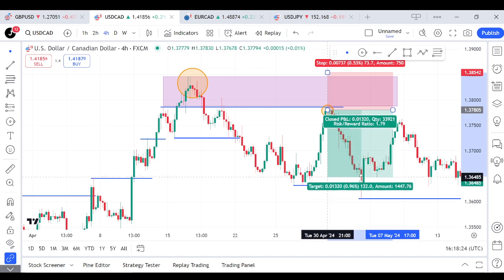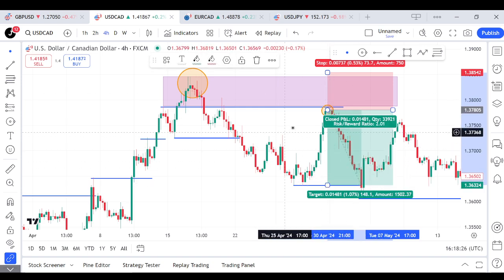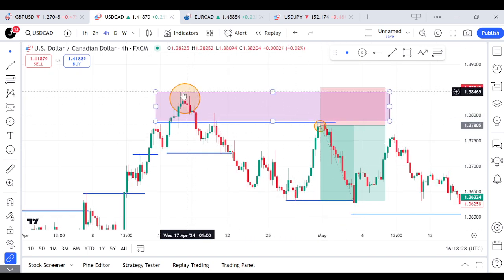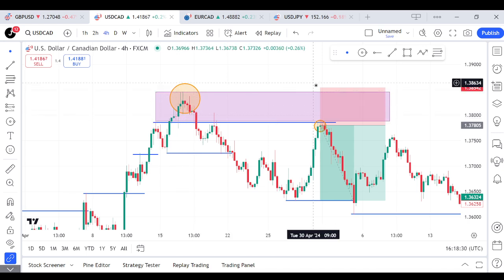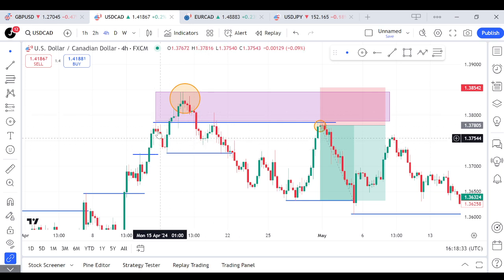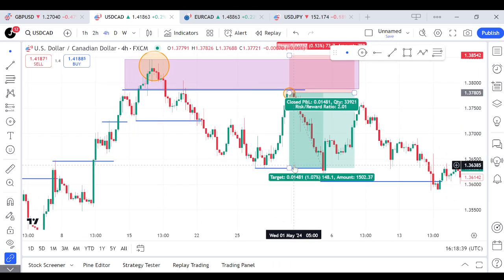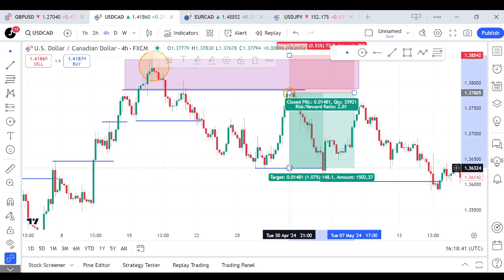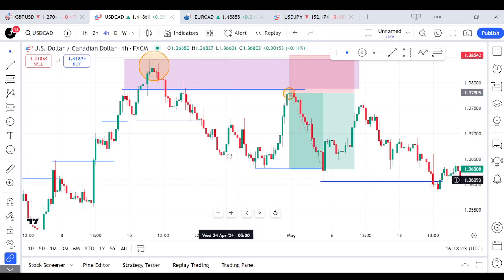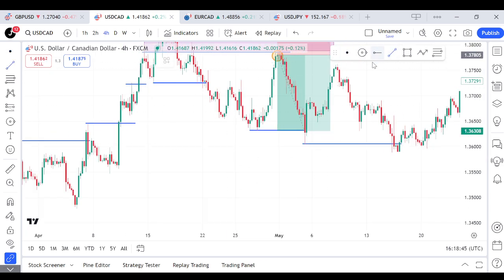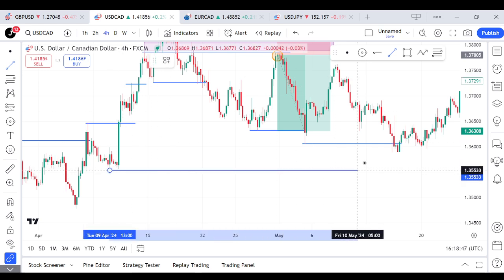So you could just enter, and your stop loss should be above the second high, which is the highest peak here, and your stop loss should just be above it, and your take profit should be at the next support level like this one, or you could target another one like this one right here.